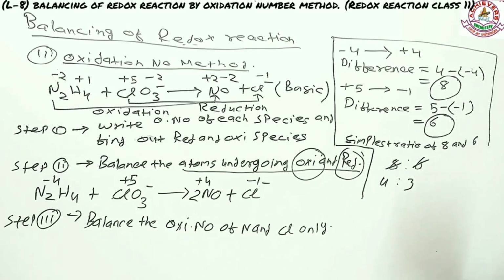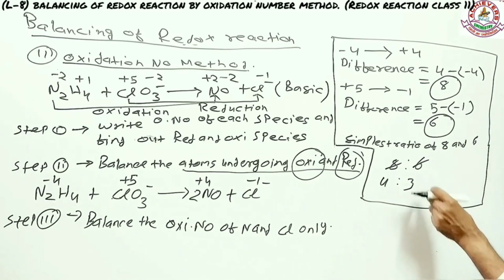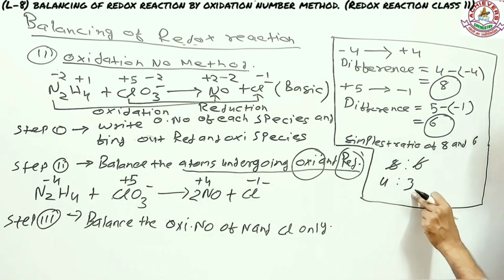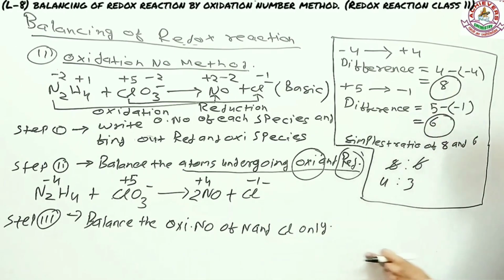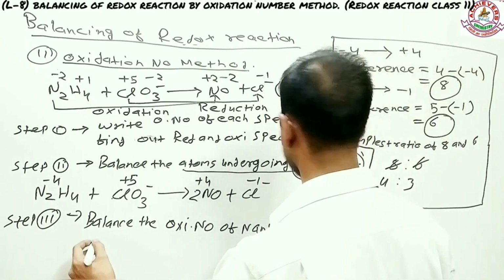Right? So what I will do now, I will multiply the nitrogen part with 3 and chlorine part with 4, to balance the oxidation number. So I'm going to write there so that you don't have a problem.